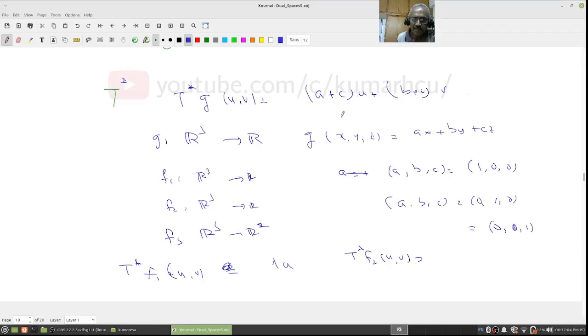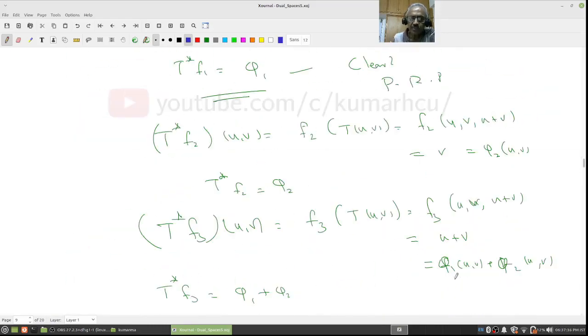T star of F1 is this, and T star of F2 is, for F2 what is A, B, C? That is 0 1 0, therefore it is just 1 times V, and T star of F3, okay, acting on UV. Now what is that? A, B, C, this will be 1 and 1, therefore C is 1, C is 1 here, therefore it is U plus V. You understood that?